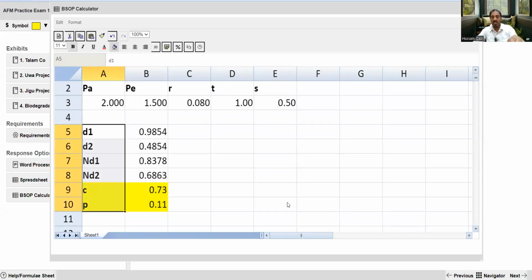You must know the meaning of D1, D2, ND1, ND2, and specifically the meaning of call option and put option with respect to real options values. That is the first thing you must be aware of.